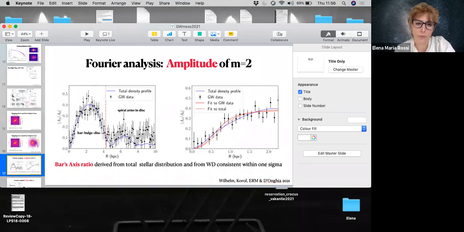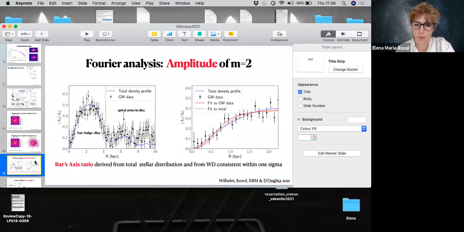In particular, we showed, now please look on the right, that this rising part, which is zoomed in here, is excellent to constrain the axis ratio of the bar, which we can get very well consistent within 1 sigma with the bar axis ratio that you can derive from the stellar distribution.